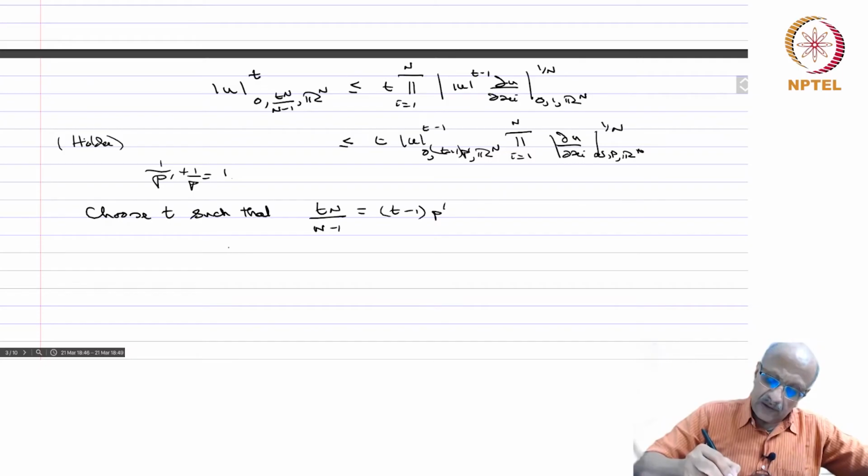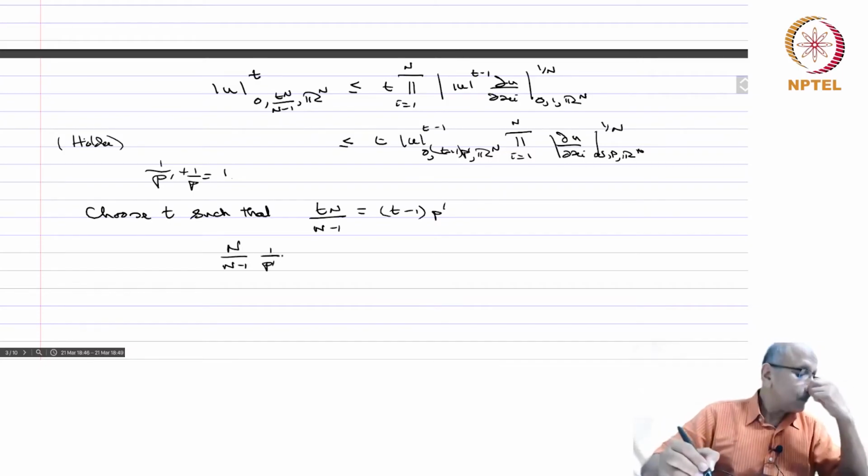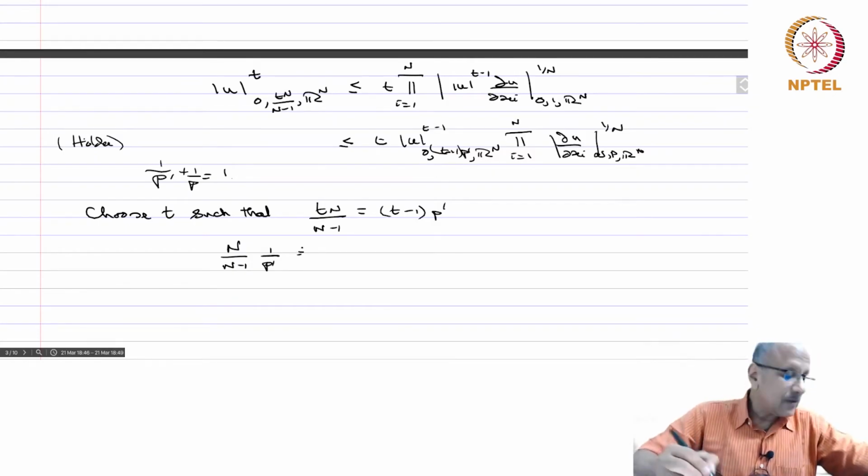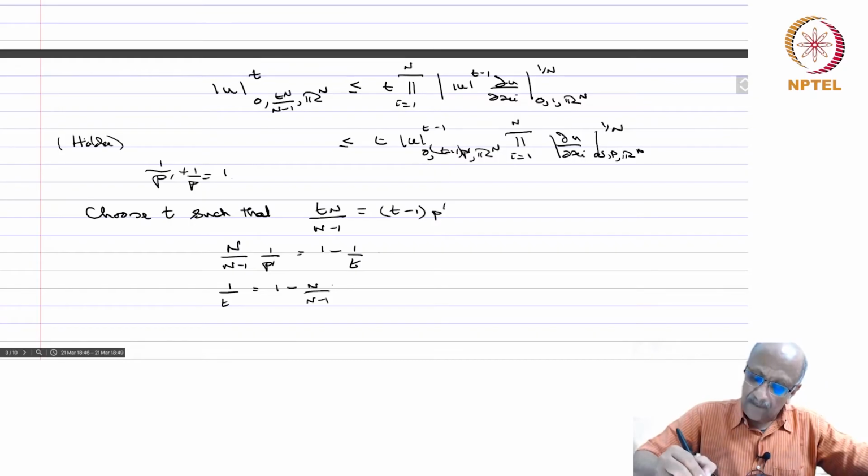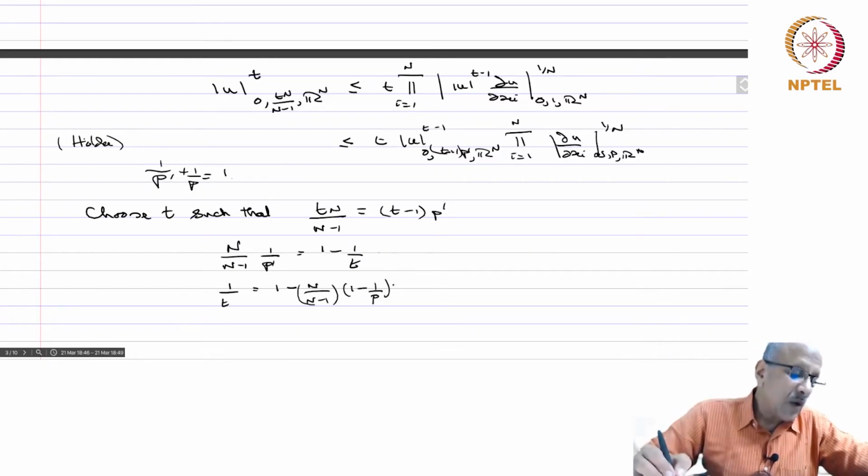So what does this mean? That means n by n minus 1 into 1 by p dash equals, dividing by t on the other side, 1 minus 1 by t. Or 1 by t is now equal to 1 minus n by n minus 1 into 1 minus 1 by p, since 1 by p dash is 1 minus 1 by p.